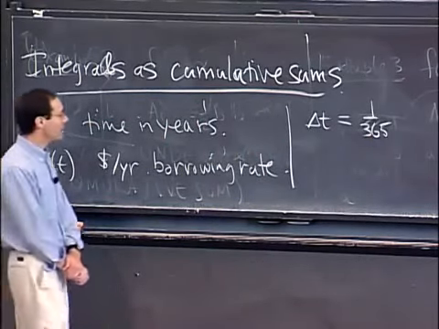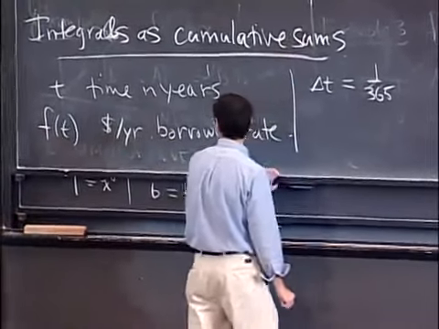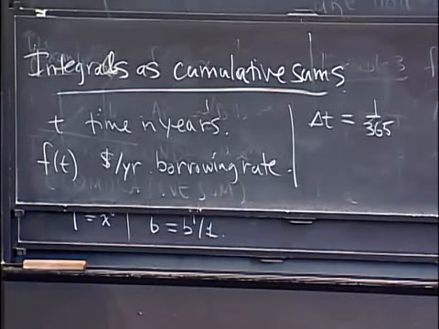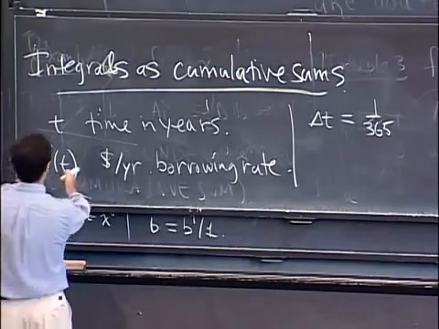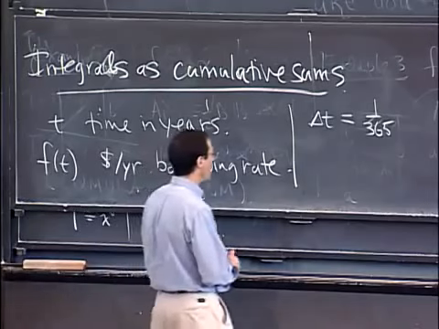And let's say that your borrowing rate varies over the year. I mean, sometimes you need more money, sometimes you need less. Certainly any business would be that way. And so here you are, you've got your money, and you're borrowing it, but the rate is varying. And so how much did you borrow?